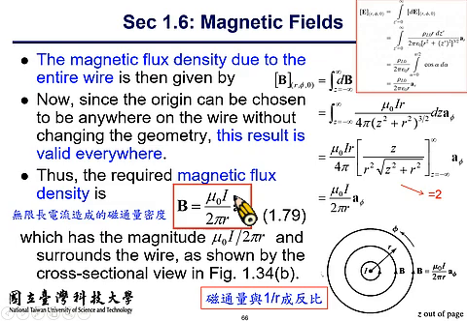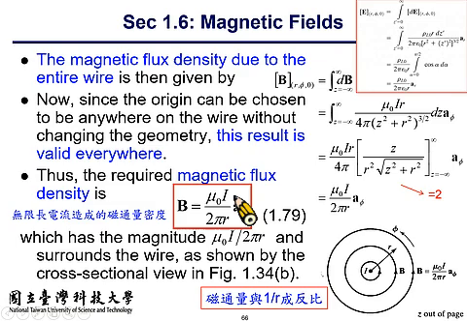So you see the electric field due to an electric line charge is inversely proportional to R. And for an infinitely long line current, the magnetic field is, again, inversely proportional to the distance R. Okay? And the 2 pi suggests that this field is distributed evenly in a cylindrical fashion, right?